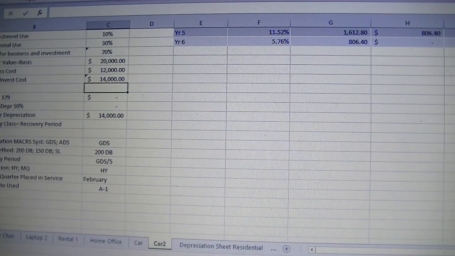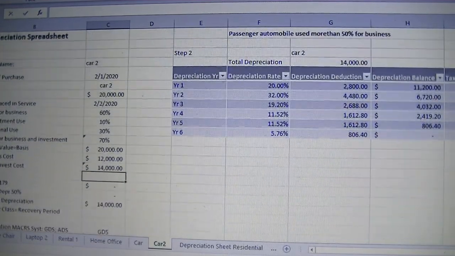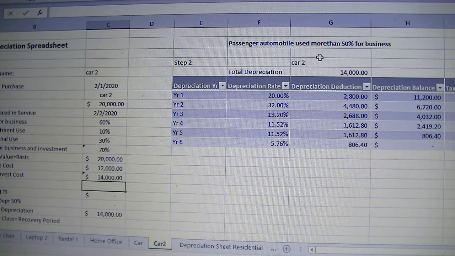So we'll copy that to the rates. A1 is written there, and we'll copy the rates to step 2, year 1 20%, all the way to year 6 5.76%.